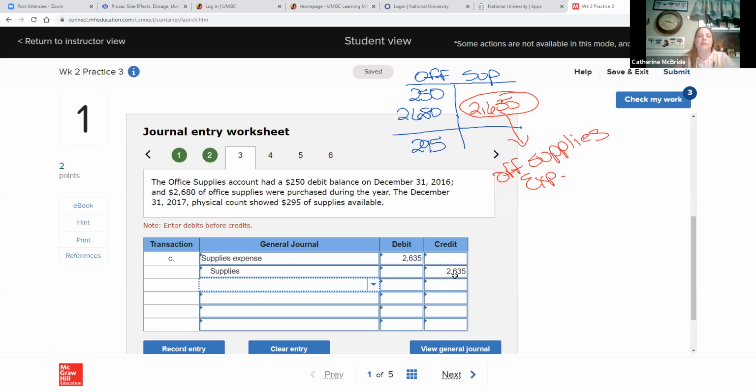So when we're done with this, on our balance sheet, the supplies account now has a $295 balance. And on our income statement, we've recorded an additional $2,635 for office supplies expense.